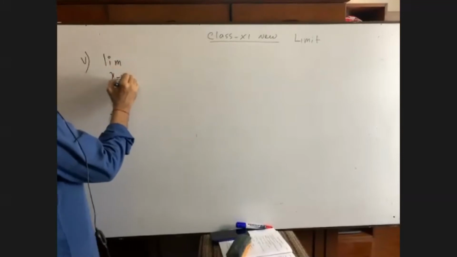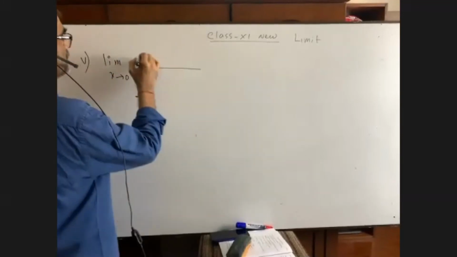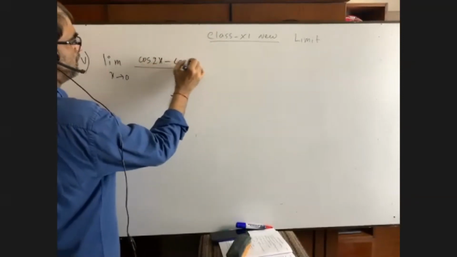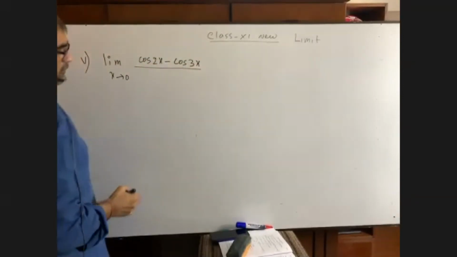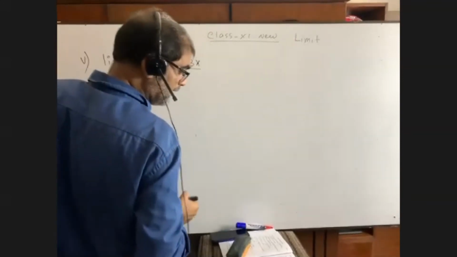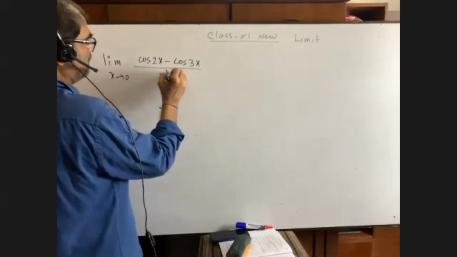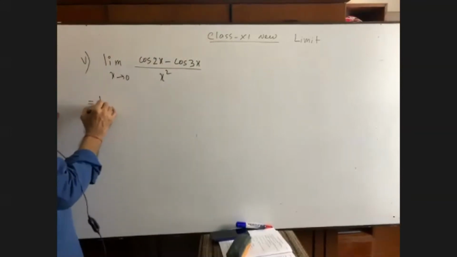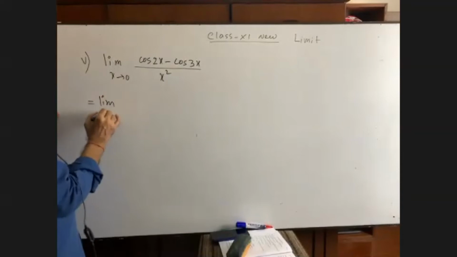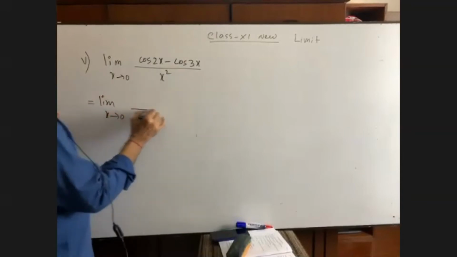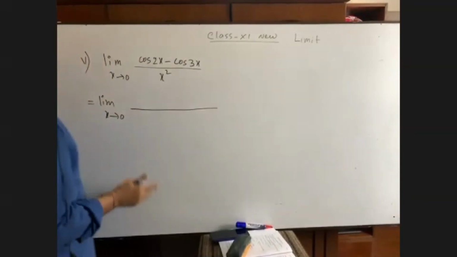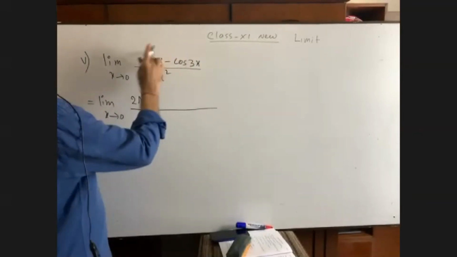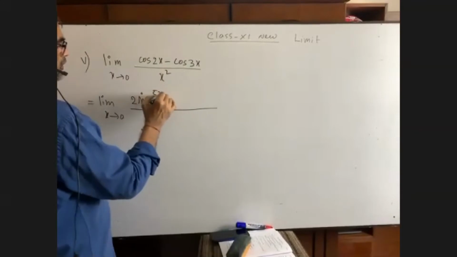Limit x tends to 0, (cosine 2x minus cosine 3x) by x square. The similar math you did. That means limit x tends to 0, let me know, cos d minus cos c. 2 sine (3 plus 2), 5x by 2, right?